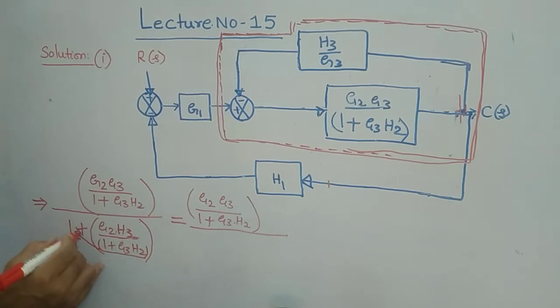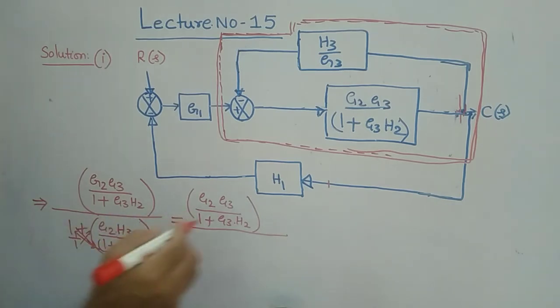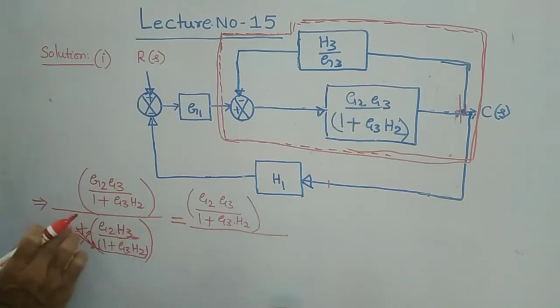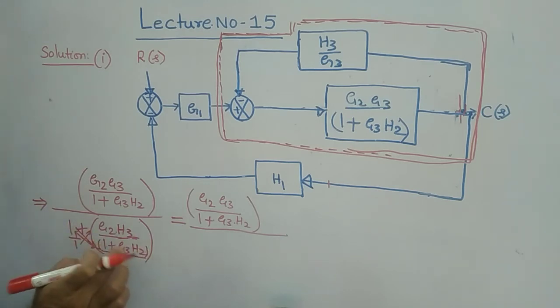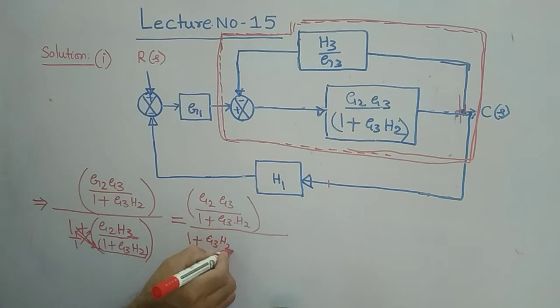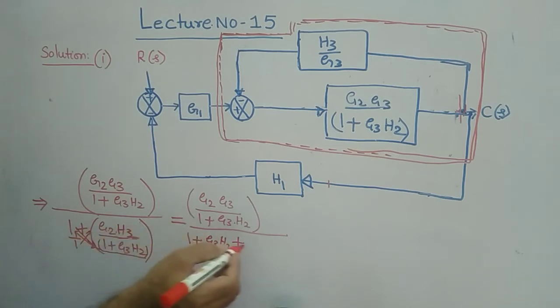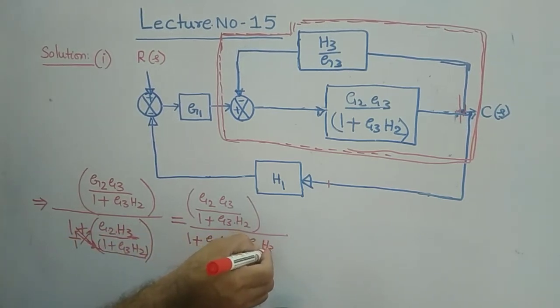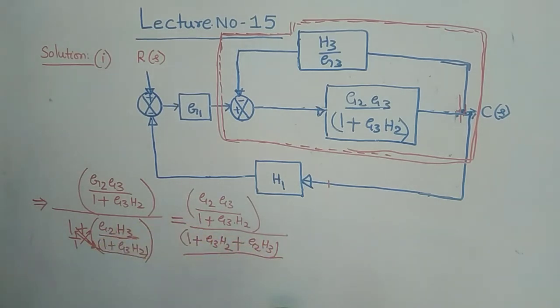Take this one, cross multiplication: this entire will be multiplied by this, plus this by this will come. Means 1 plus G3H2 into 1, nothing but the same will come here, 1 plus G3H2, plus G2 into H3, by 1 plus G3H2.